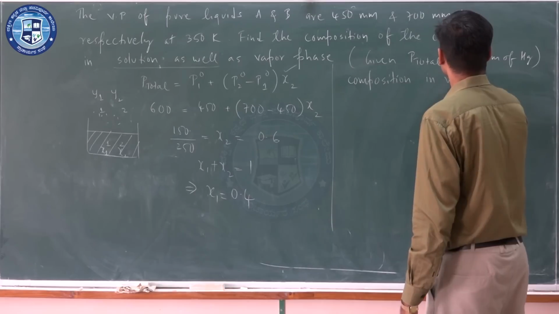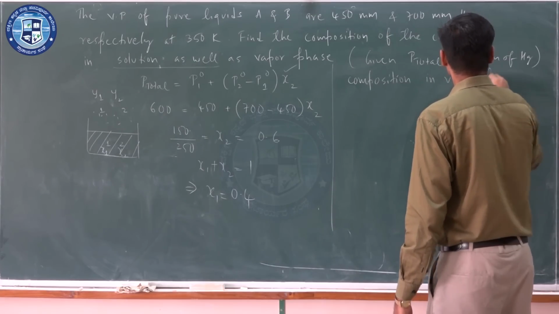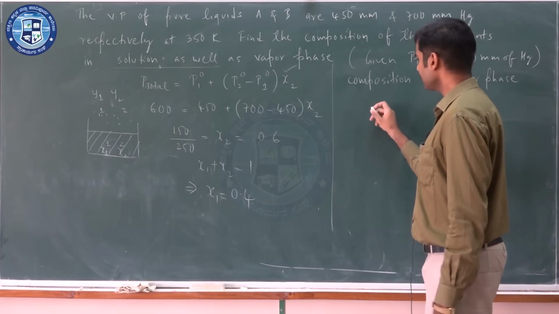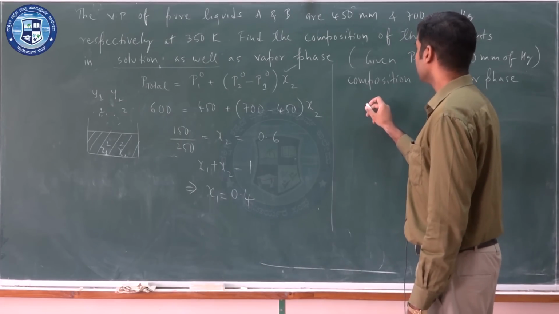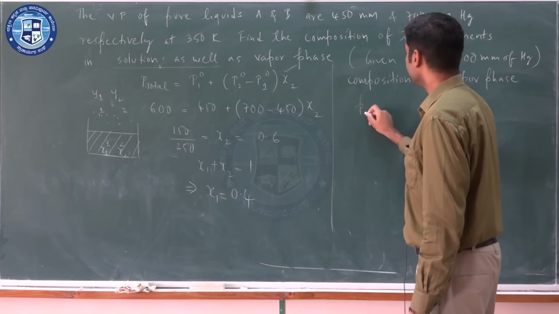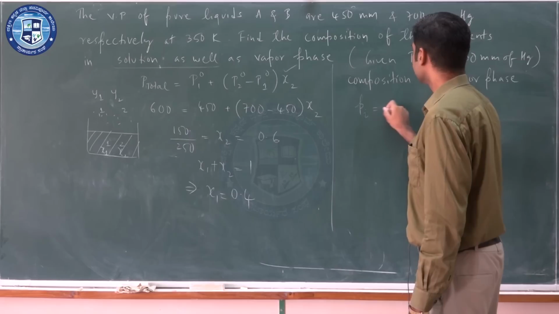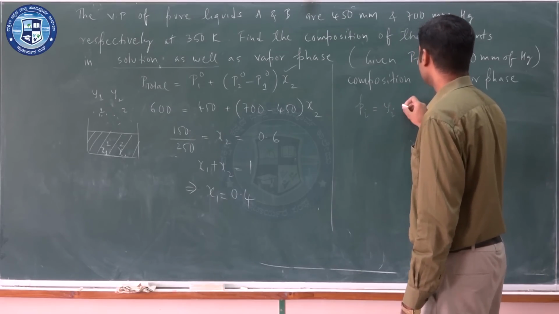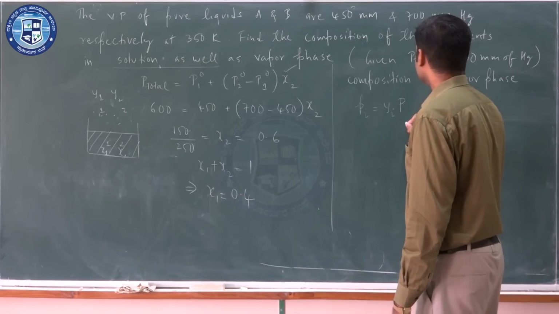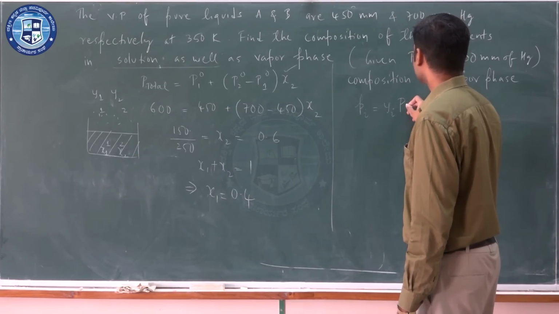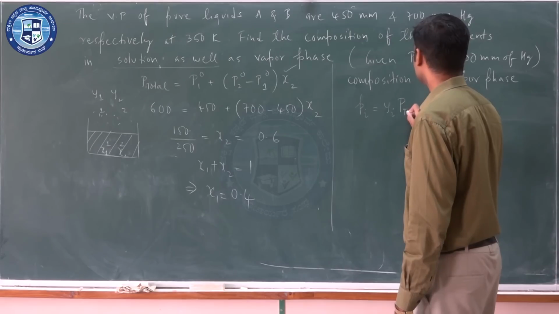What I have here is the partial pressure of any component, say i, is given as yi, that is the mole fraction of the component, into, instead of the P10 in Raoult's law, here you have P total.